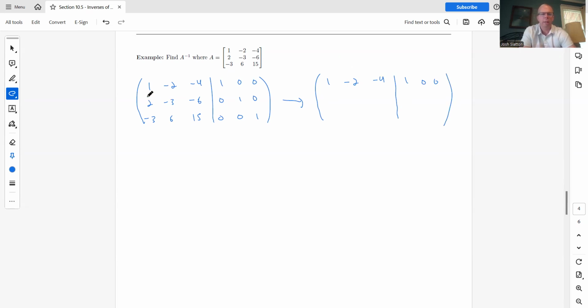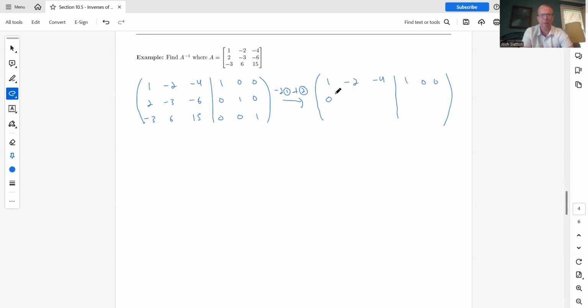Then we need to get these two entries to be 0. So let's multiply the first row by -2 and add it to the second row. So -2 times 1, and I'm going to use a calculator just to make sure that we don't make a simple mistake somewhere.